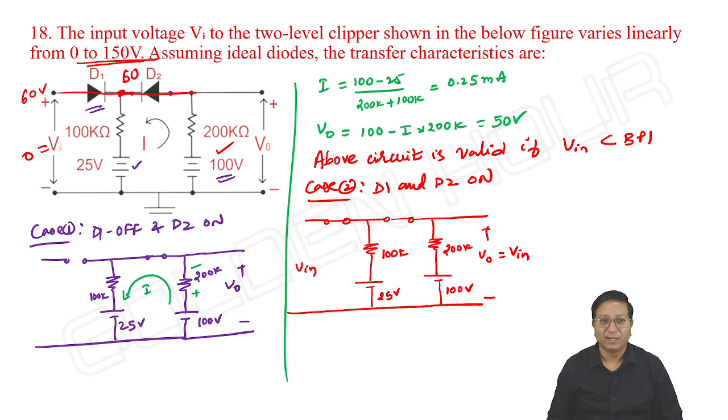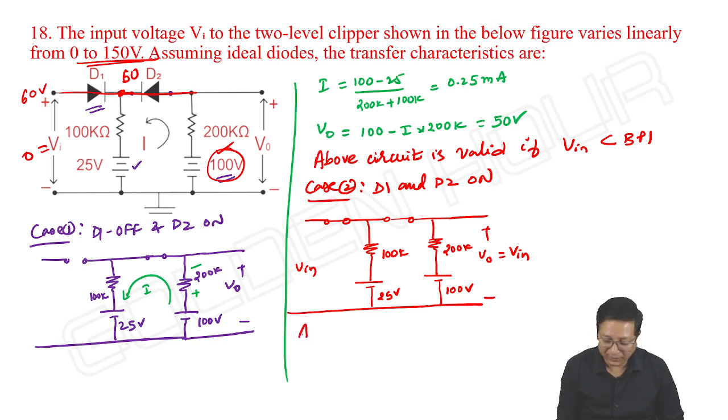This is possible, it looks like, as long as input is above breakpoint 1 and below 100. It looks like for D2 to be off, the cathode voltage of D2 should be greater than 100 volts.